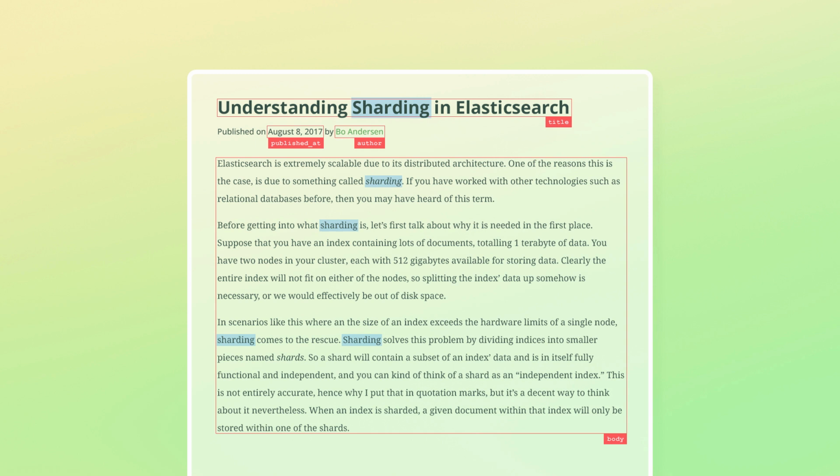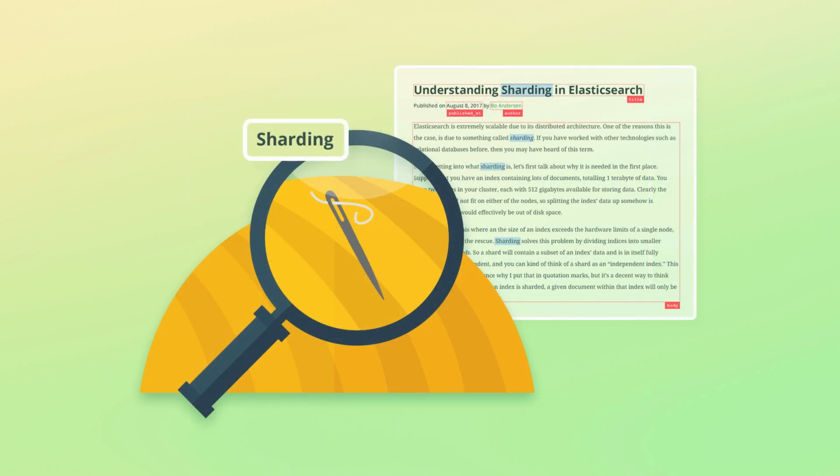That's essentially what full-text queries are about, finding the documents that contain one or more terms for a given field. Notice how I said contain, meaning that the field value doesn't necessarily have to be an exact match. In fact, that is rarely the case with full-text searches, because that's what term-level queries are used for. You can think of the field value as a haystack and the value we are searching for as a needle.